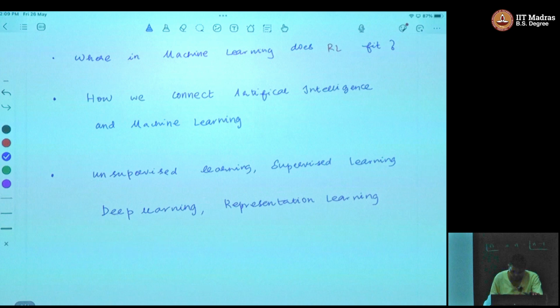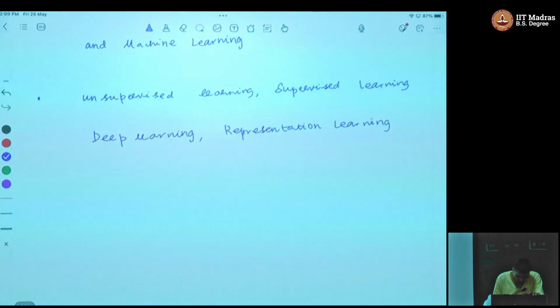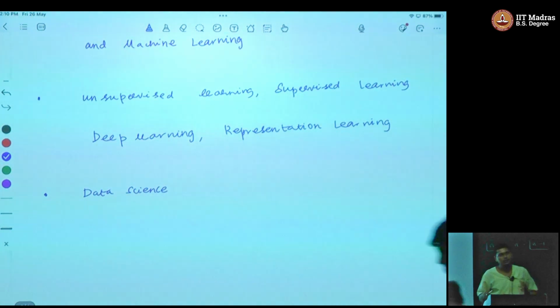So first let us take a lot of things that are common. We also have this word, data science. Words like data science, artificial intelligence, and machine learning are much more general in nature, and reinforcement learning is a specific topic, that much all of us can understand.